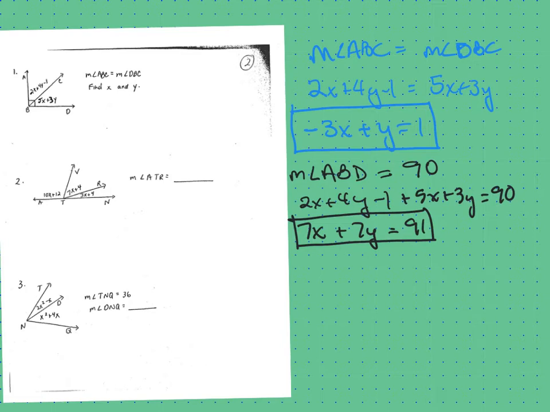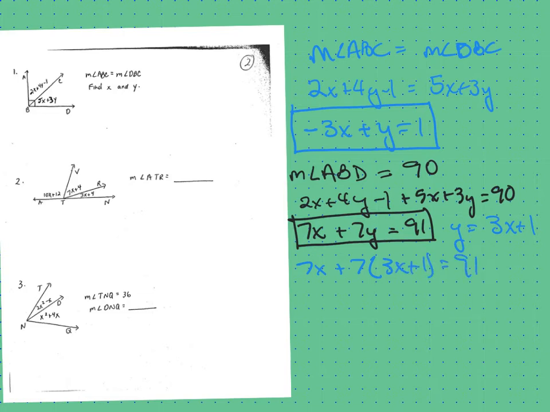And usually in this class, the elimination method is going to work. But since we have a coefficient of 1 for the y term in the prior equation, let's just use substitution. It's probably going to be quicker. So since y equals 3x plus 1, I'm going to rewrite this as 7x plus 7 times the quantity 3x plus 1 equals 91.